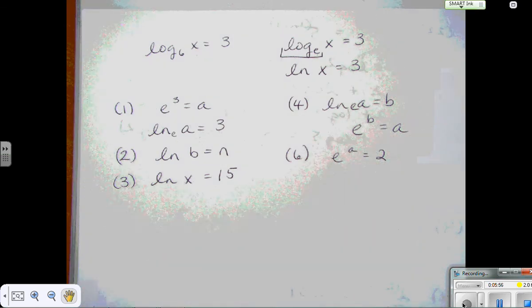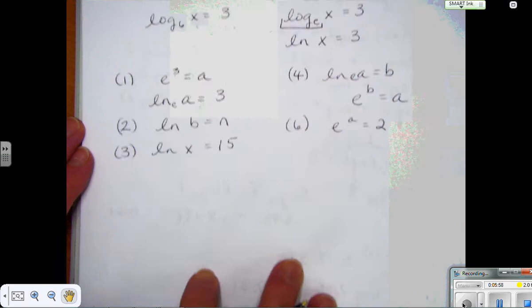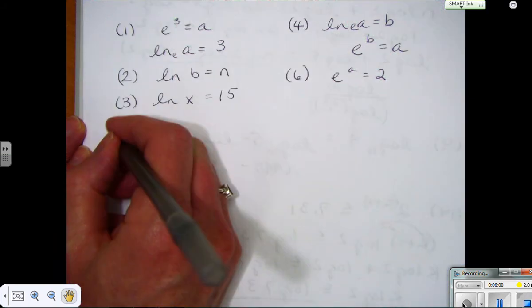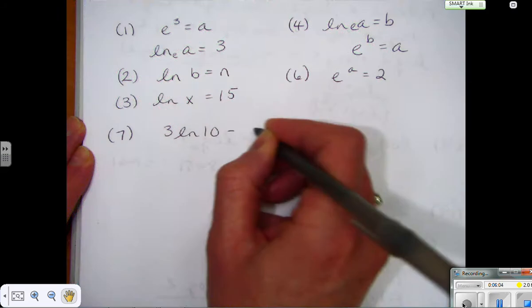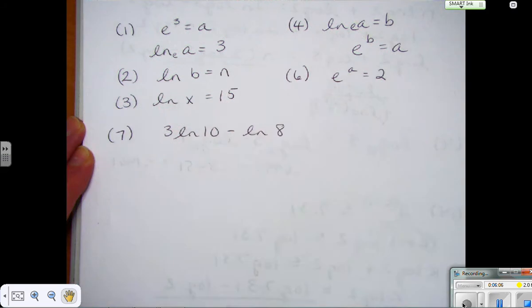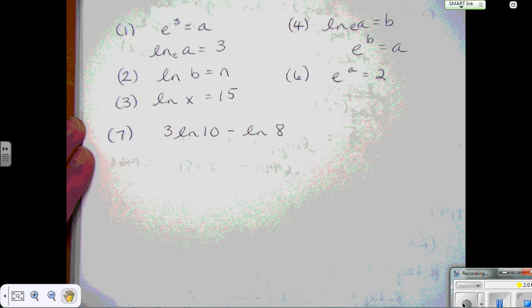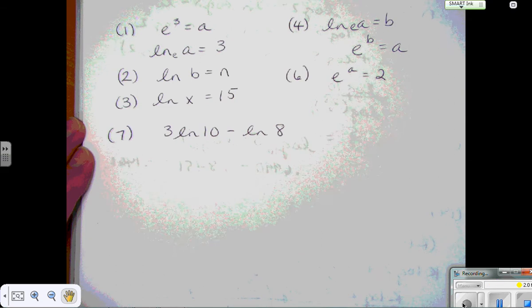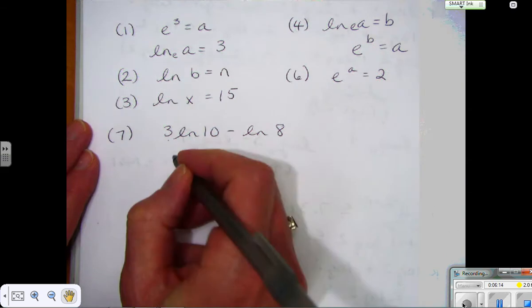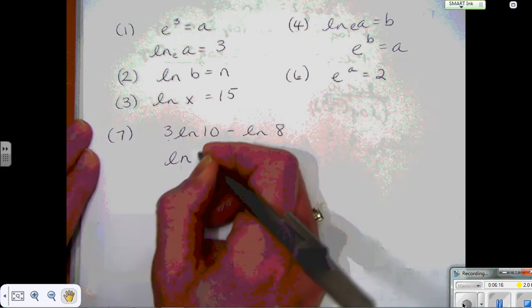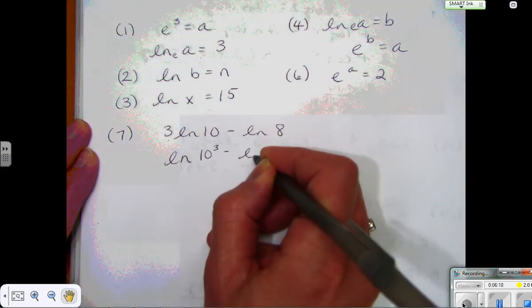Okay, so on number 7, it says write each expression as a single logarithm. We're going to use the properties that we learned a couple sections ago with regular logarithms. This 3 in front of the first natural log is an exponent for the 10. So I'm going to rewrite it as ln of 10 to the third minus ln of 8.